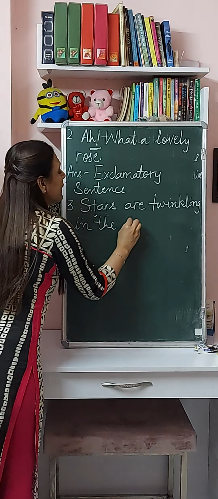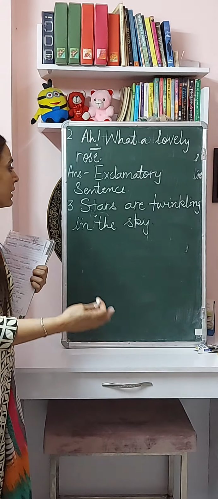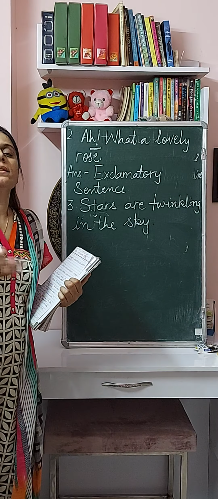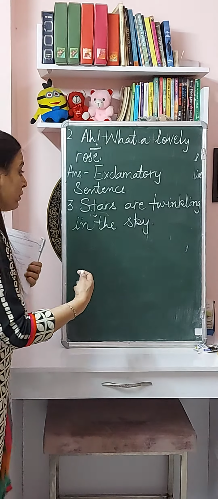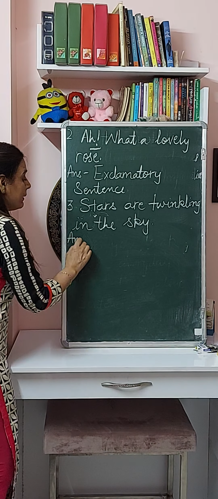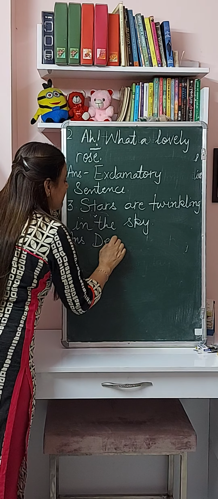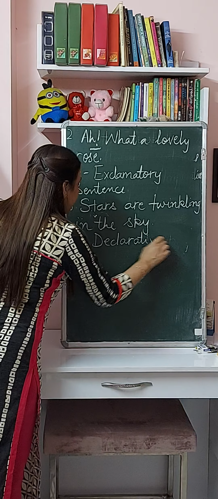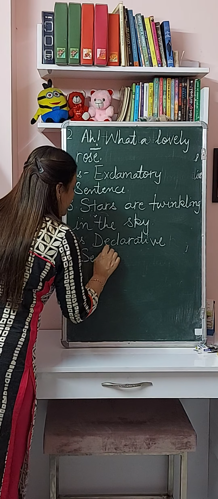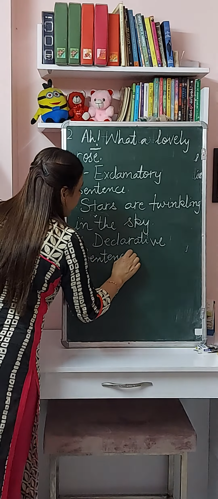Now here we are declaring something, we are telling something. Alright. Stars are twinkling in the sky. We are just telling something, we are declaring something. So what kind of sentence will it be? It will be a declarative sentence.